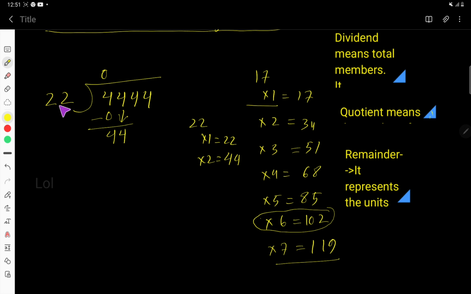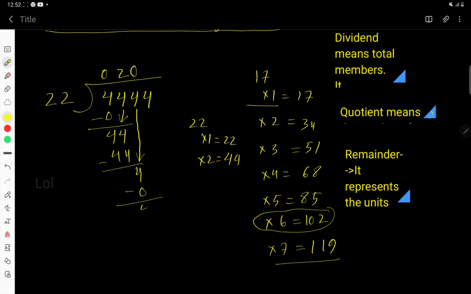So 22 goes into 44 2 times, so write here 2 times 22, 44. If you subtract, then you are getting 0. So bring down the third number, 4. 22 goes into 4 how many times? Actually 0 times, so let us write 0. 0 times 22, 0.